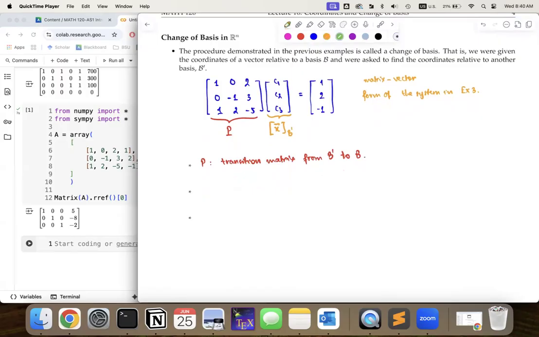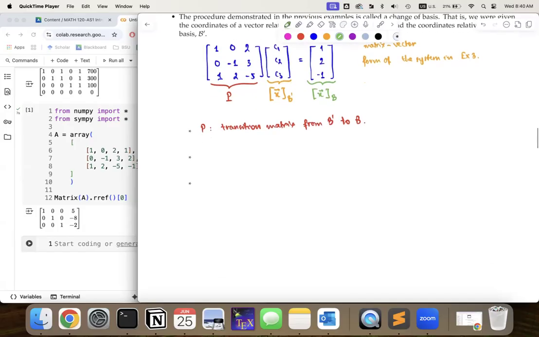And then the right-hand side is going to be the matrix X of B. So this is the coordinate matrix relative to the basis B. Here you have X sub B prime, the coordinate matrix relative to B prime, and the last one, X sub B, the coordinate matrix relative to B. Okay.